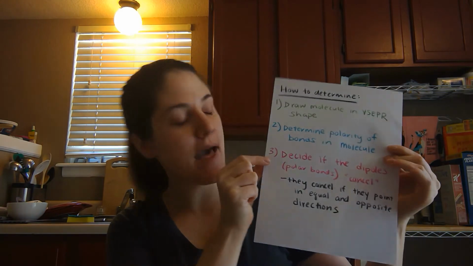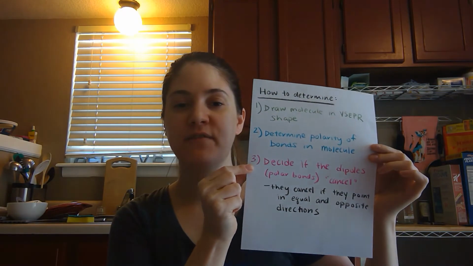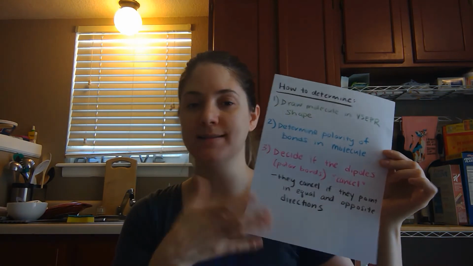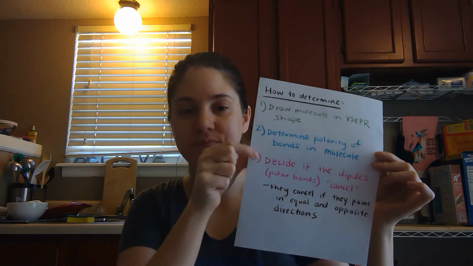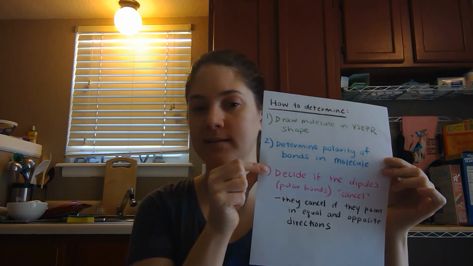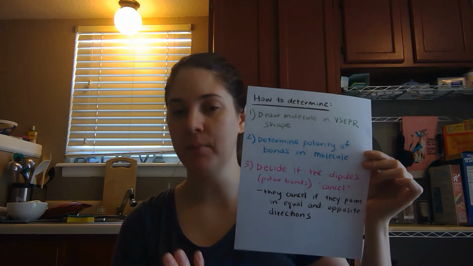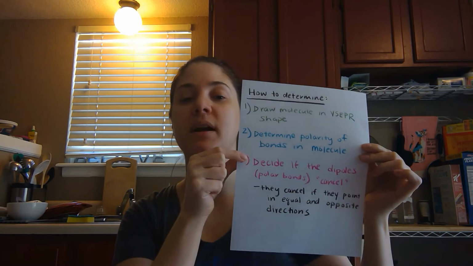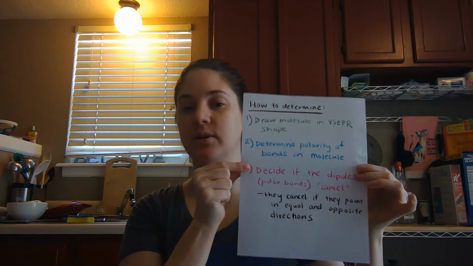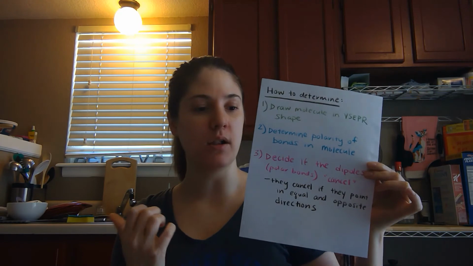Once you've determined that, you will then decide if the dipoles, or those polar bonds, cancel. So you'll have to look at where they're oriented in space. And if those polar bonds cancel, it's a nonpolar molecule, or if there are no polar bonds at all, it's also nonpolar. But if those polar bonds do not cancel, then you're going to have a polar molecule.